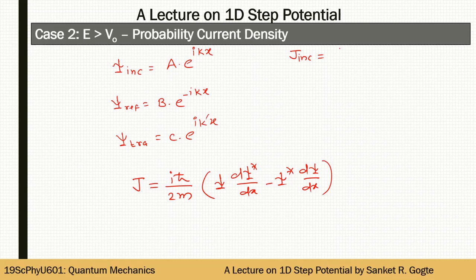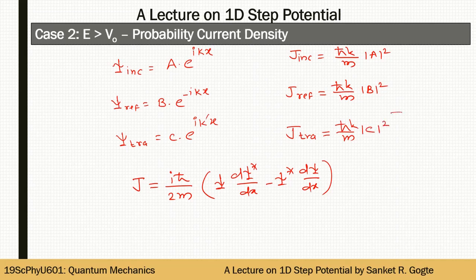It is h cross k by m into mod a square. J reflected, or the probability current density for the reflected particle, is h cross k by m into mod b square, and J transmitted is now h cross k prime by m into mod c square.